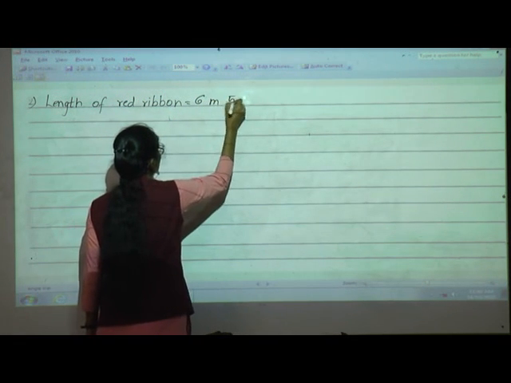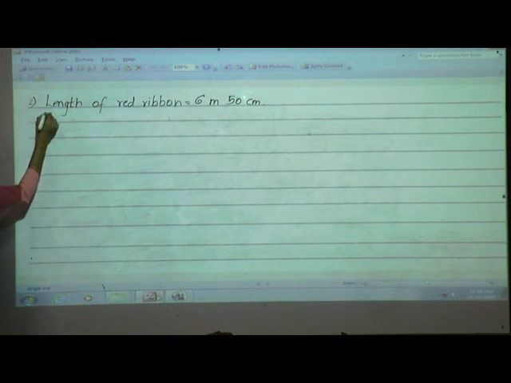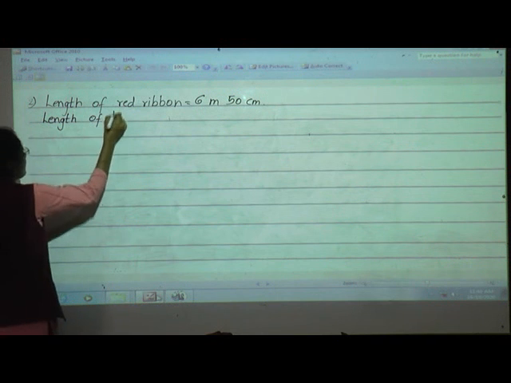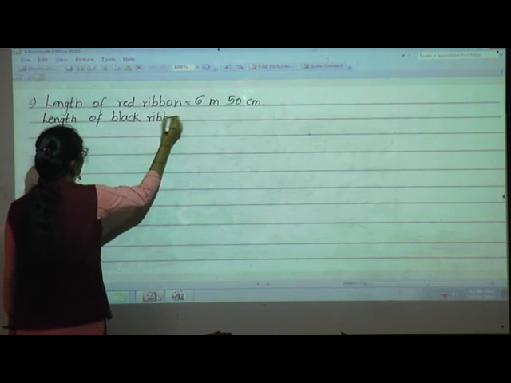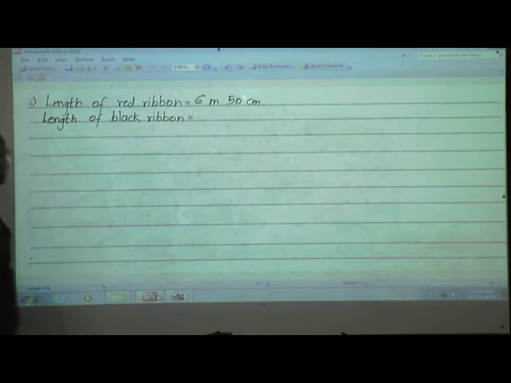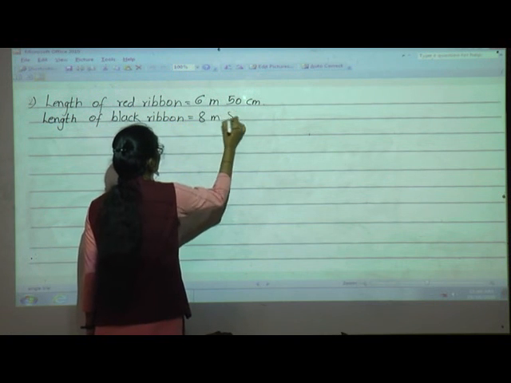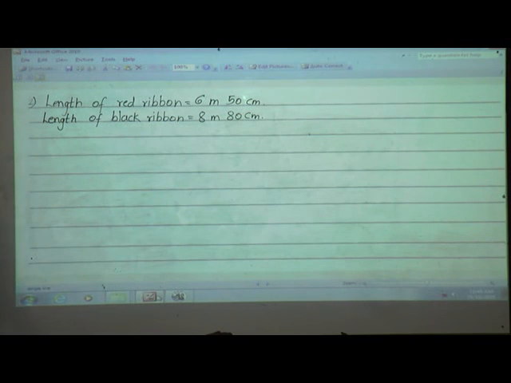And the length of black ribbon. What was the length of black ribbon? 8 meter 80 centimeter. Now we have to find out the total length of the ribbon.